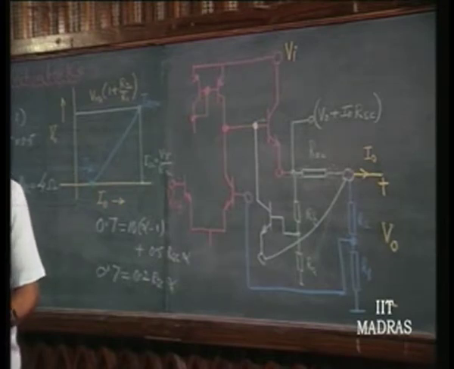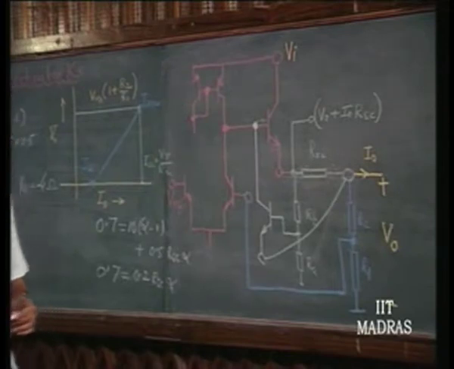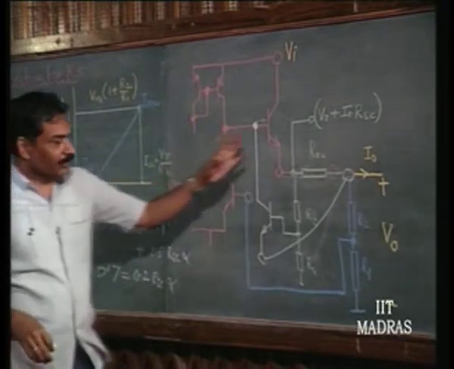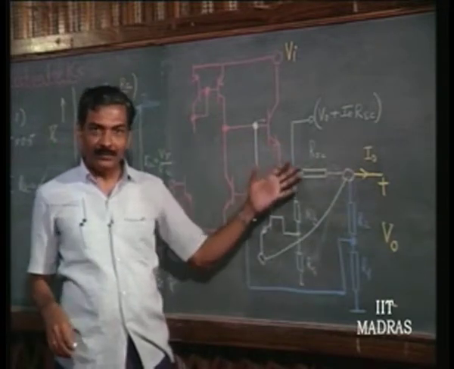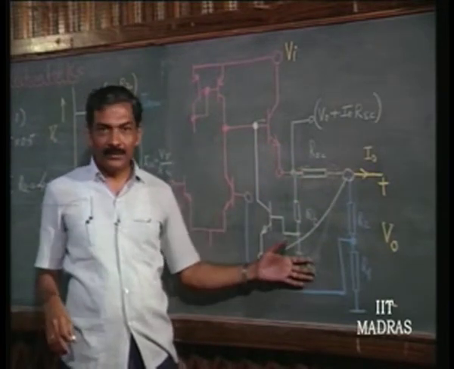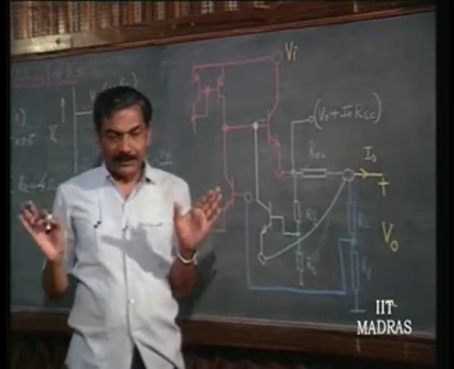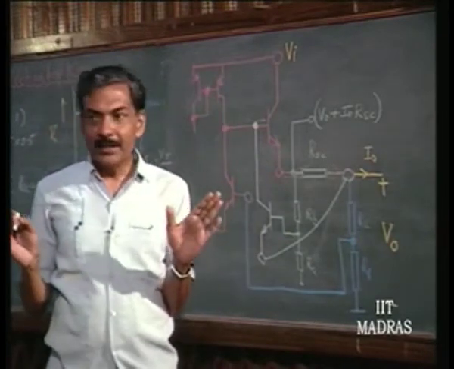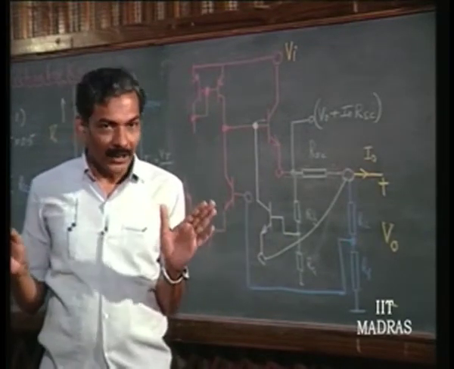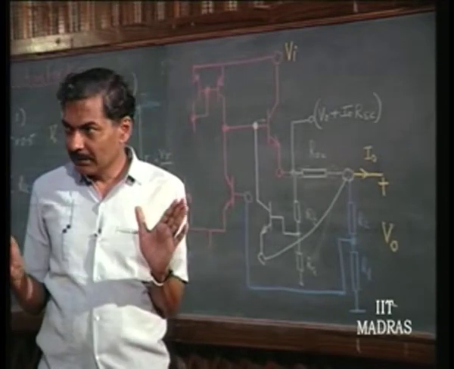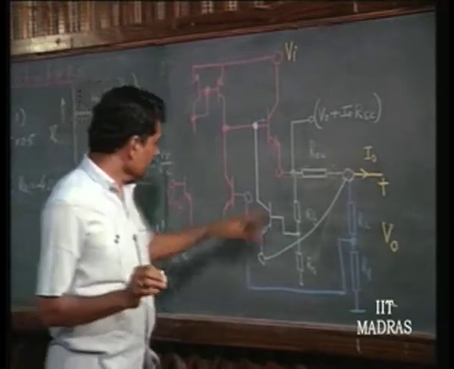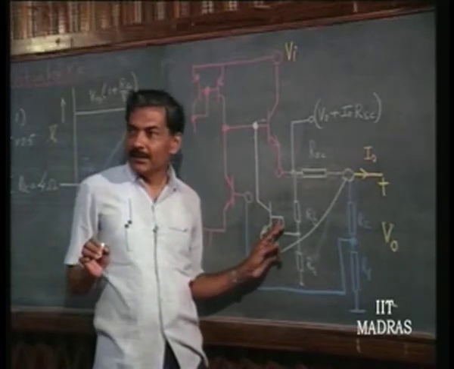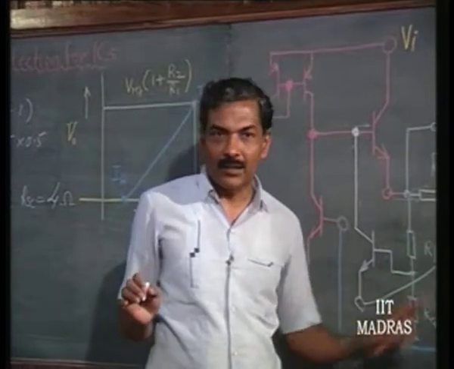Sir, can't we make alpha greater than 1 by putting an amplifier there? Yeah, but we would like to have this as a passive structure. Any amplifier, any protection circuit, you have to make it purely passive, as much of it as possible. Obviously, this is the only part which is active here, the rest of the things are all passive.